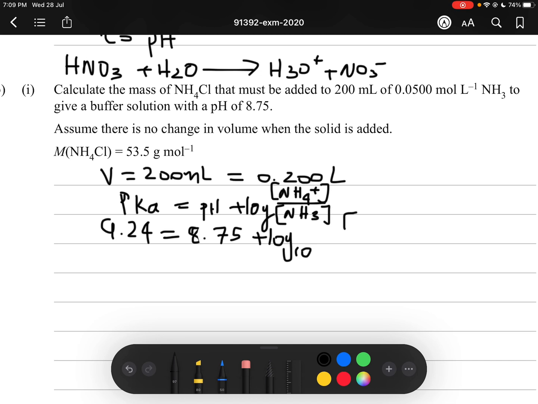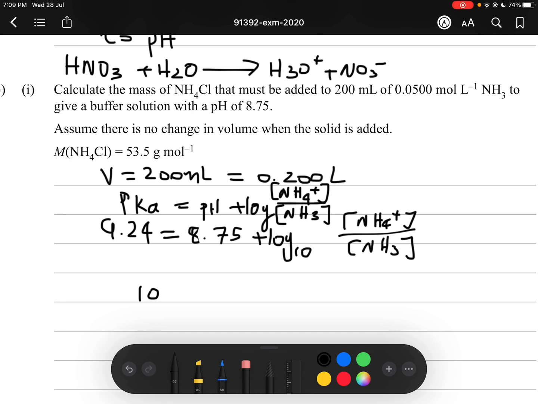Log base 10 of our acid over our base. So we can do minus 8.75 on both sides. We should get 0.49 on the left-hand side.